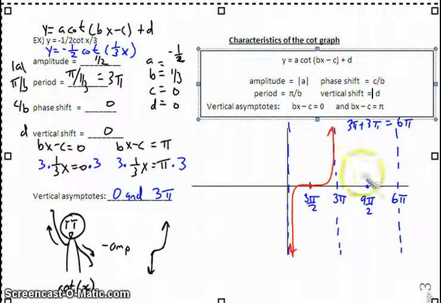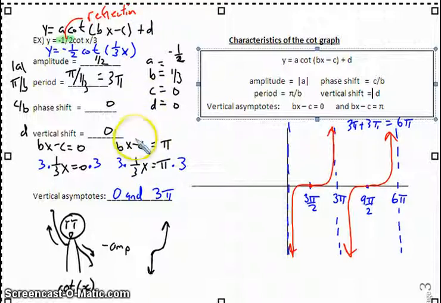And then drawing this where it hugs the axis and then rises, hugs the axis and then falls, would look like that. Again, remember when you have problems with a negative amplitude, that is a reflection. And instead of it being the shape of the cotangent graph, it really makes the tangent graph.